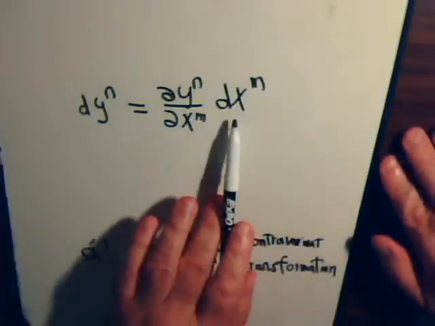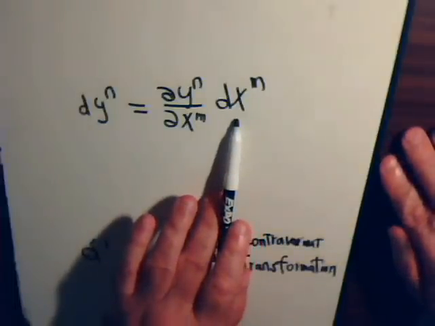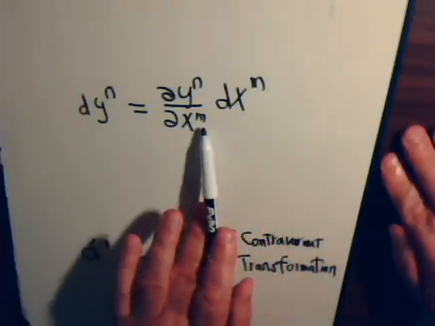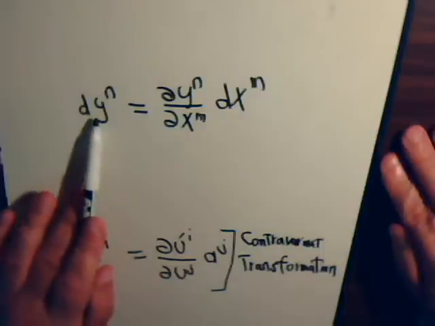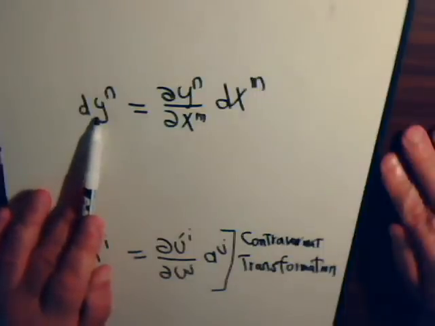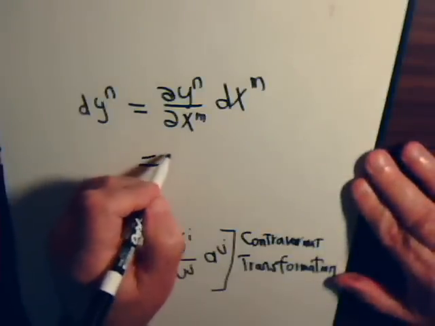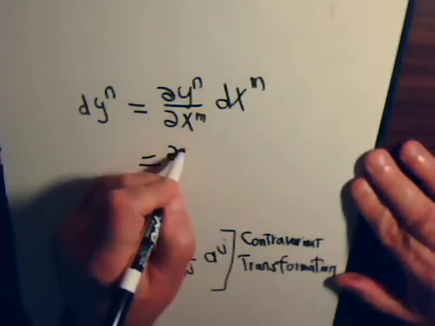If we knew the components of the displacement vector in the x-coordinate frame, then by taking these derivatives and summing over this repeated index, that would give us the components of the displacement vector in the y-coordinate system. And then we generalized, saying, well, a vector in general might transform like that.